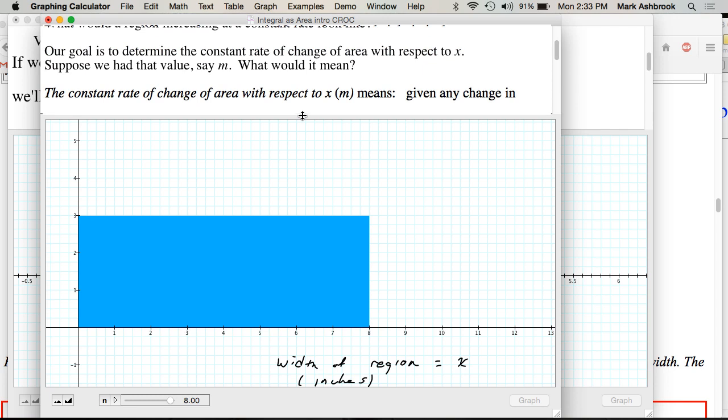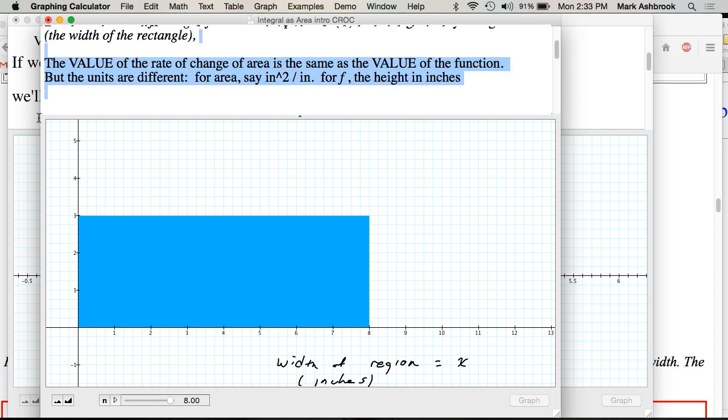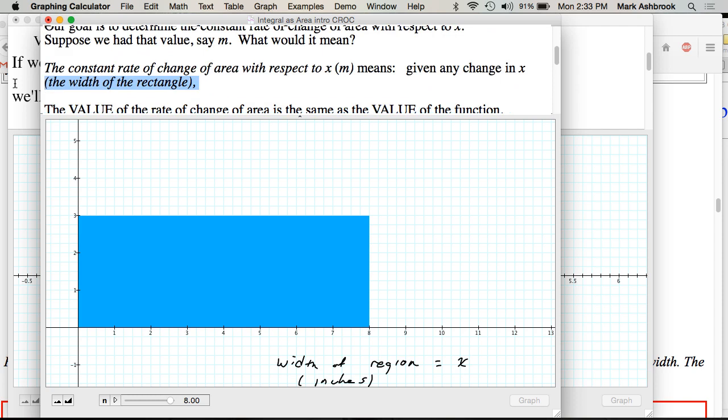Given any change in x, the width of the rectangle, the change in area equals what? No, we're not talking about any numbers yet.